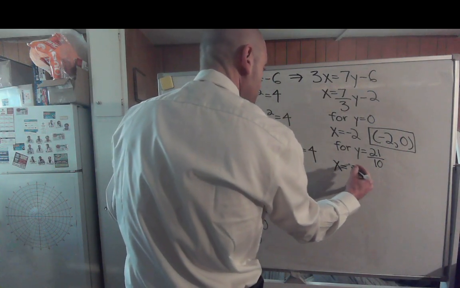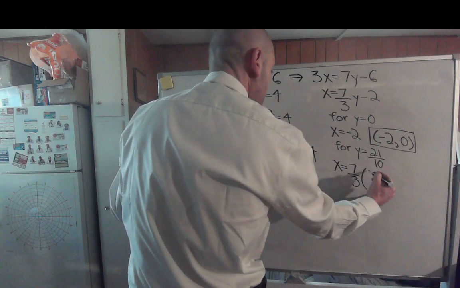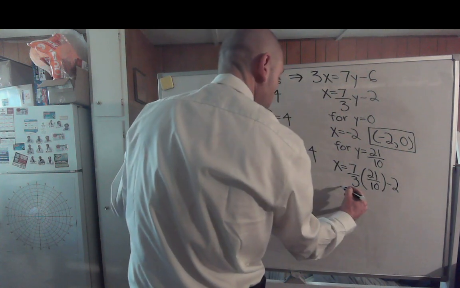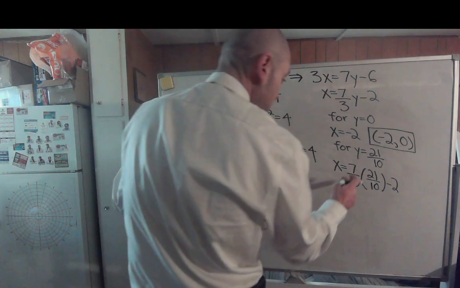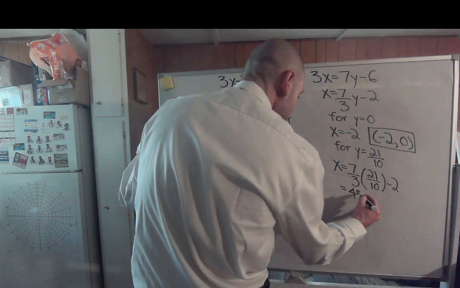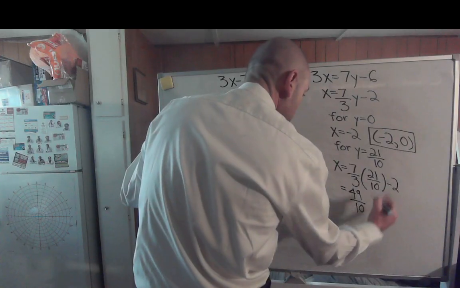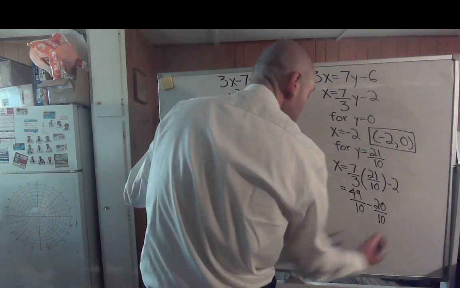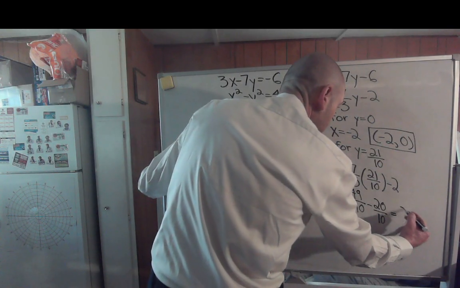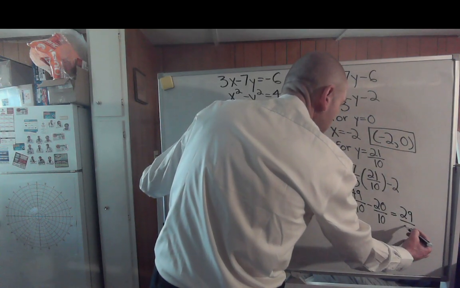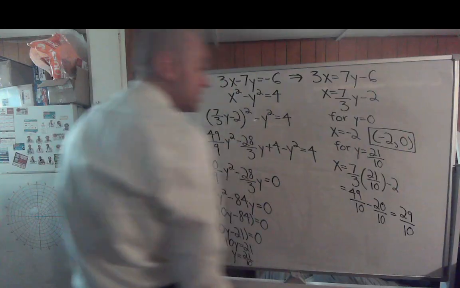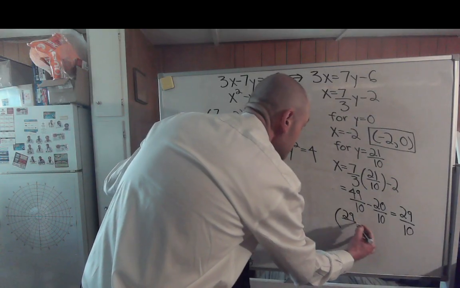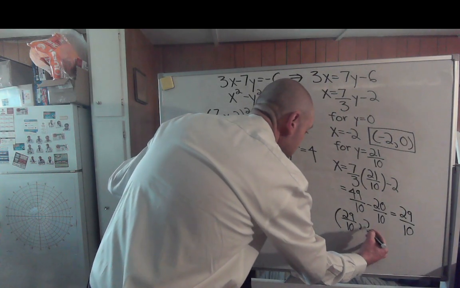So x would equal 7/3 times that 21/10 minus 2, which would end up equaling 49/10. That minus 2 would really be minus 20/10, which should give you 29/10. So the second ordered pair you should get is 29/10, 21/10.